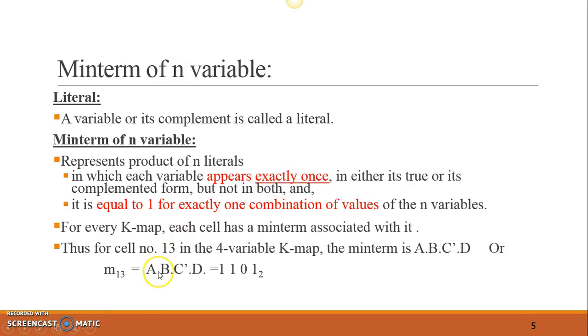So for example, this 4 variable ABCD, which represents min term number 13, can be written like this: ABC dash D. Now A and B can be replaced by 1, 1, C dash by 0, and D is 1. So 13 is nothing but the binary equivalent of this.